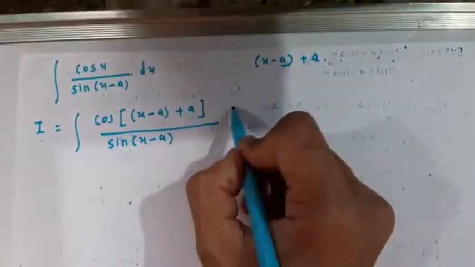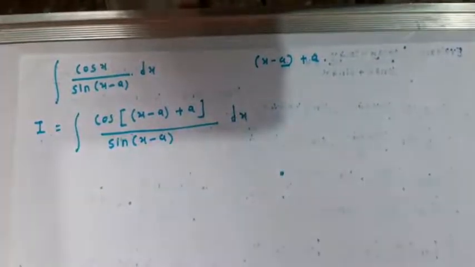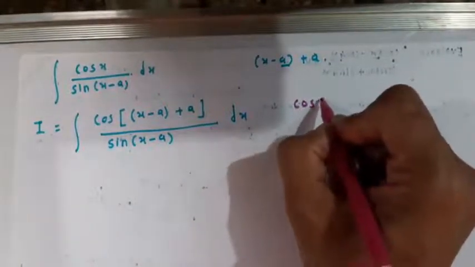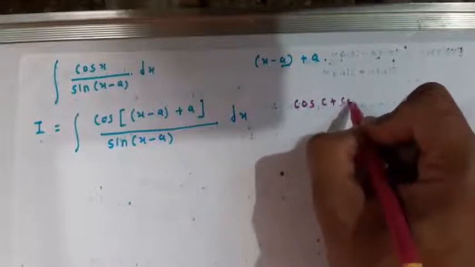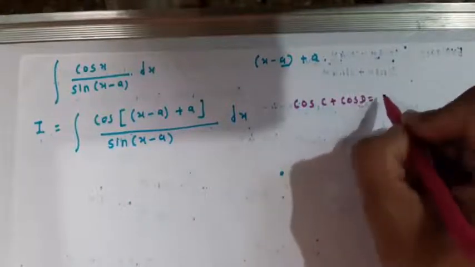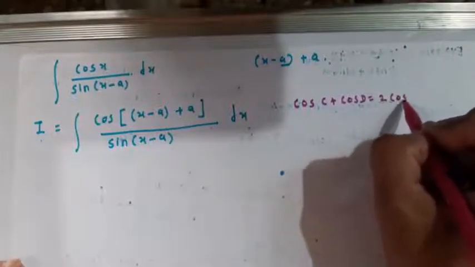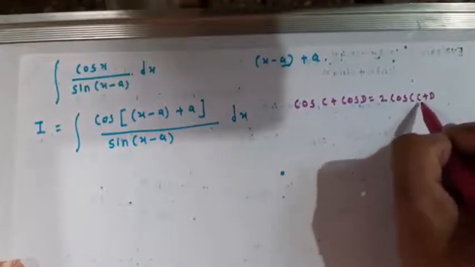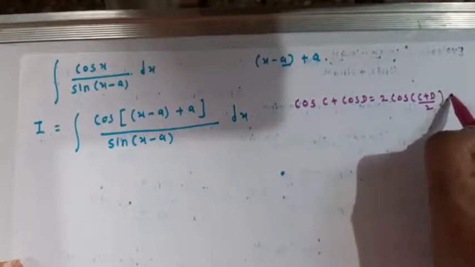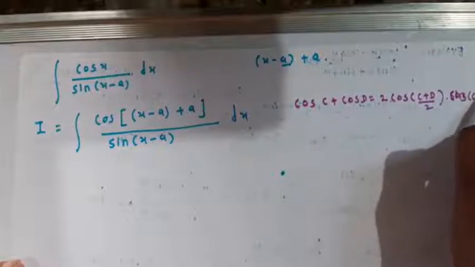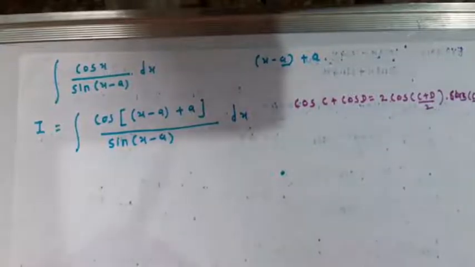Okay students, so at the numerator, by using the formula cos c plus cos d, the formula is 2 cos((c plus d) by 2) into cos((c minus d) upon 2). Okay, the formula is that.